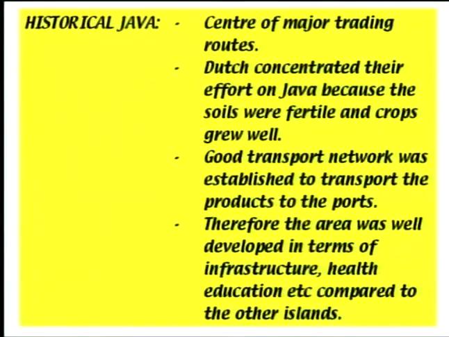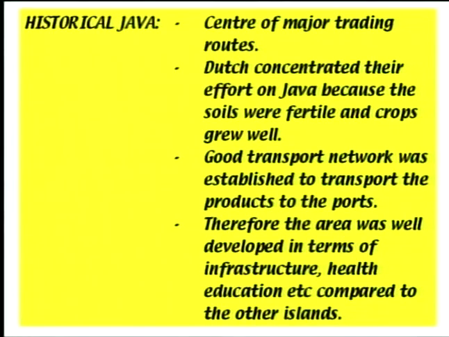We look at the information presented on page 6, and most of that information has already been summed up on the monitor. So looking at historical Java very quickly. Java is the center of the major trading routes in history, which meant that that area became well developed compared to the other outer islands of Indonesia.